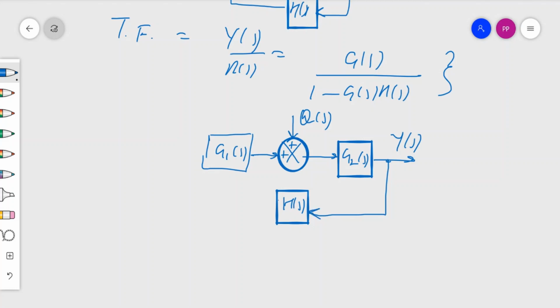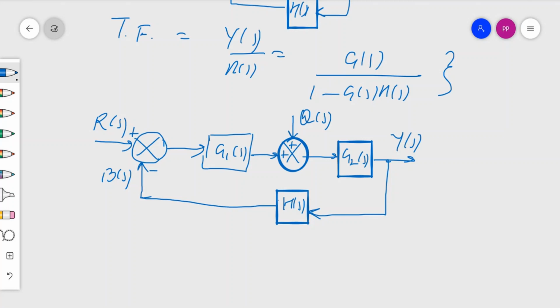So we have a system with reference input R(s), and the R(s) is plus, feedback is minus, and this feedback signal is B(s). Then we see that we have one output and two inputs.